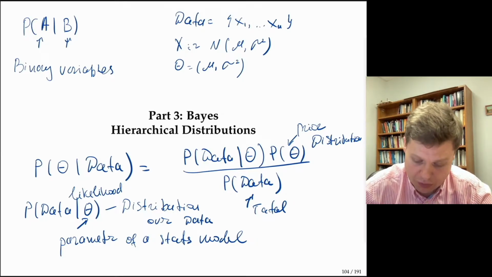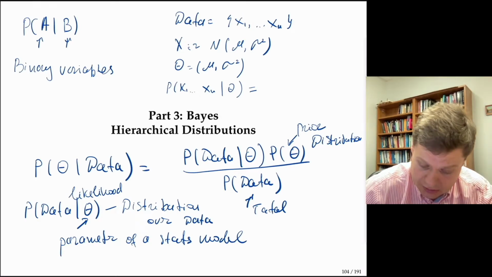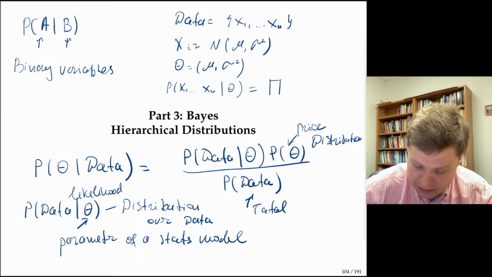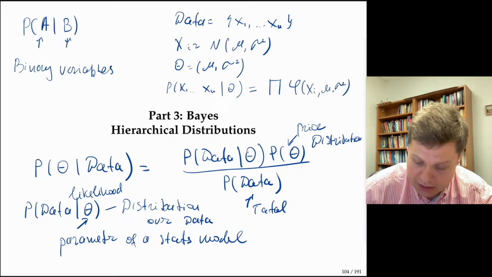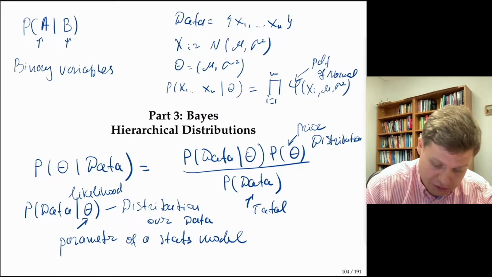The likelihood, the probability of observing this data set given the parameter theta, is the product of normal density functions, so I'm just going to call it phi of xi given mu and sigma squared, where phi is just the PDF of the normal distribution. We have n observations, so we take the product over all of those.